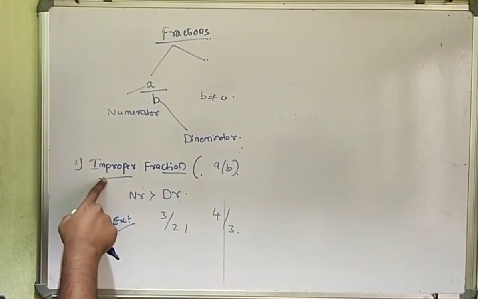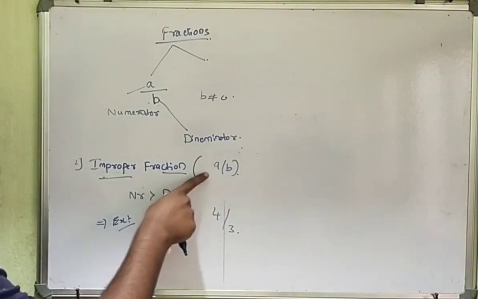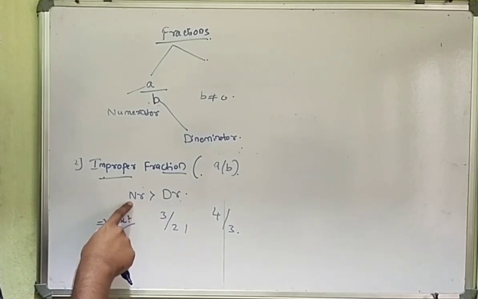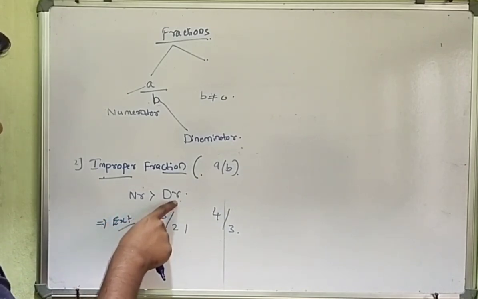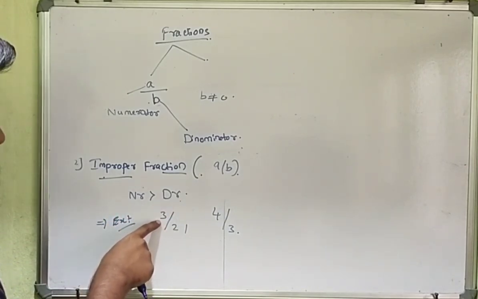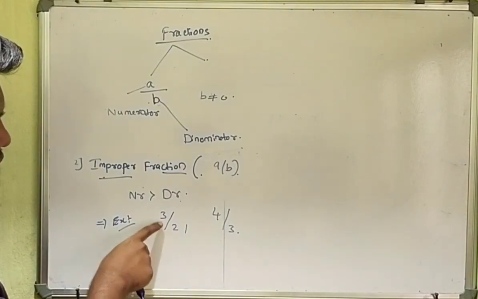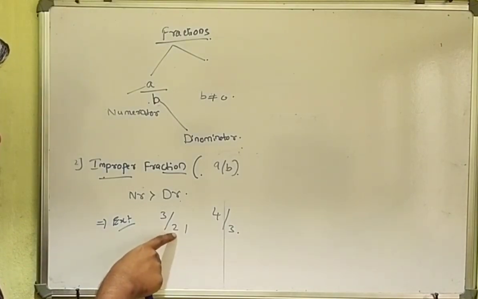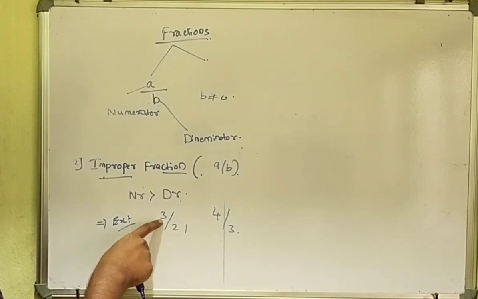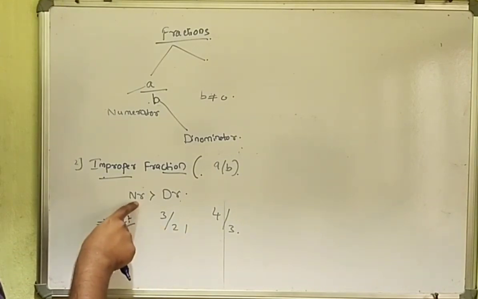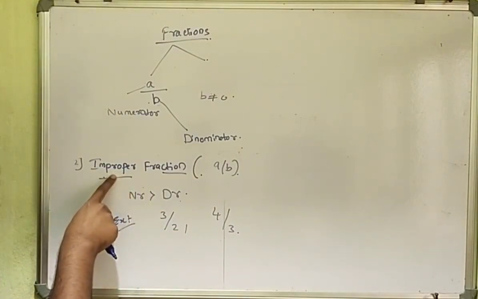The definition is the numbers expressed in the form of a by b, but the condition is that the numerator should be greater than the denominator. For example, in 3 by 2 the numerator is 3 and the denominator is 2. 3 is greater than 2, so this satisfies the condition of an improper fraction.